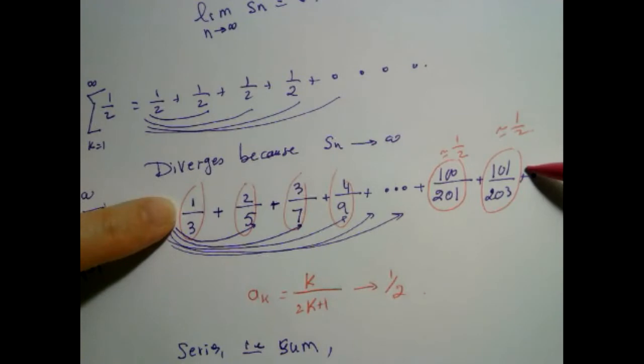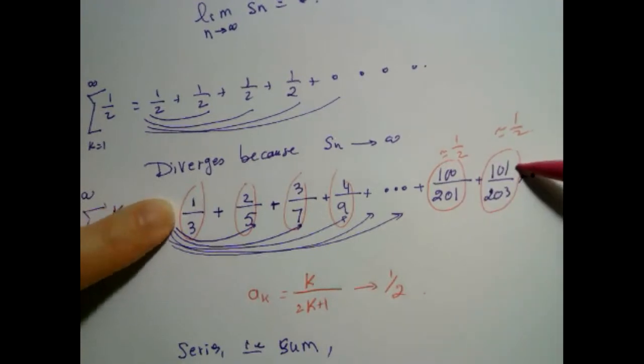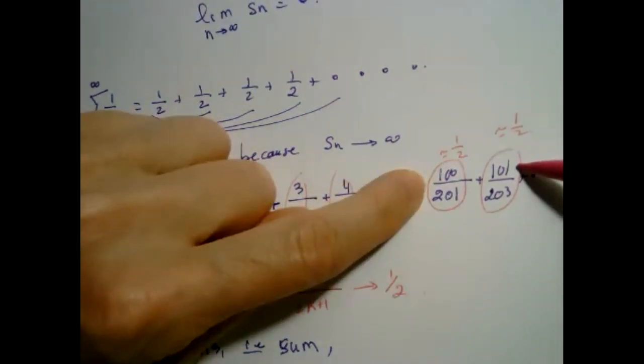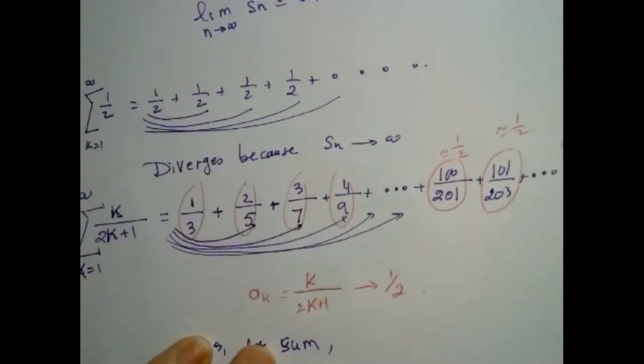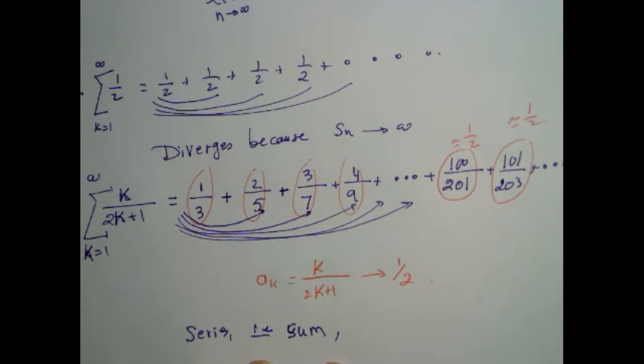Then you're adding another half, so already you're adding 1 to whatever you added before. Then another half, so you're adding 1.5. Then another half, you're adding 2. And then another half, and another half. Can the sum converge in this case?